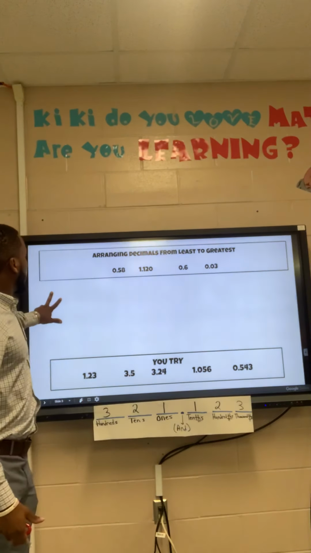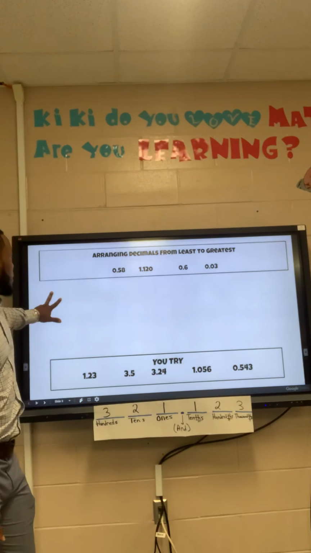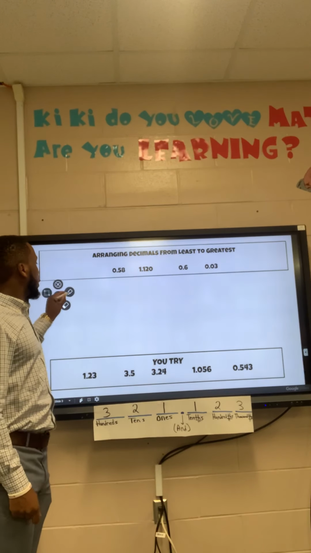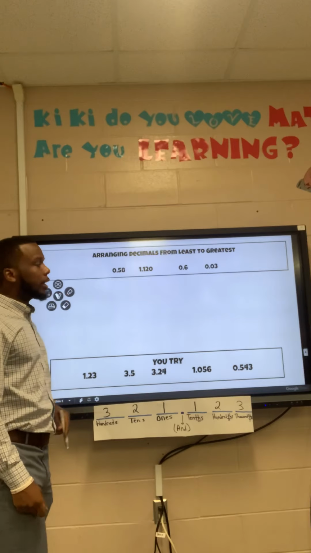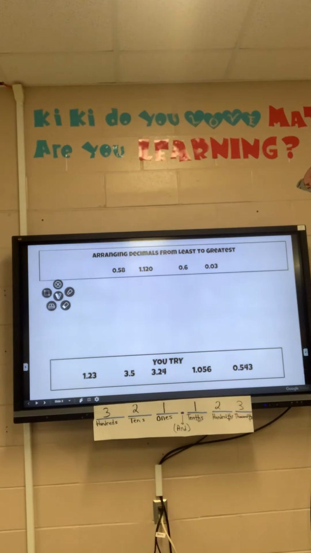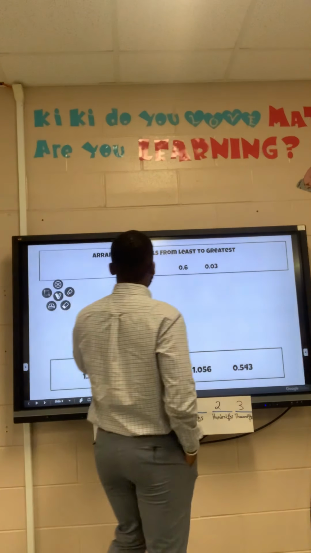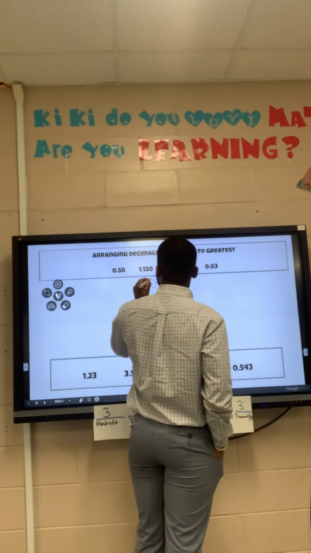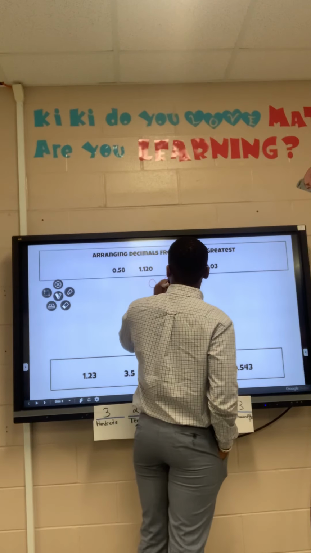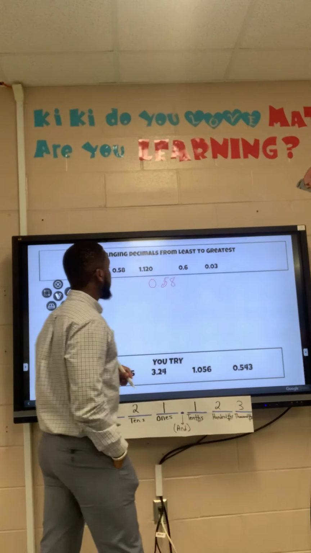First way, example. It says to arrange the decimals from least to greatest. So the first thing we are going to do is line our decimal values up. So the first number we have is 0 and 58 hundredths.